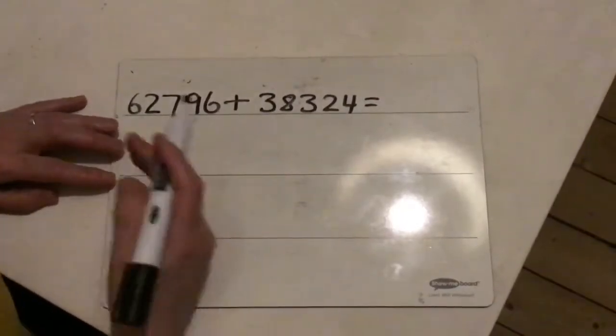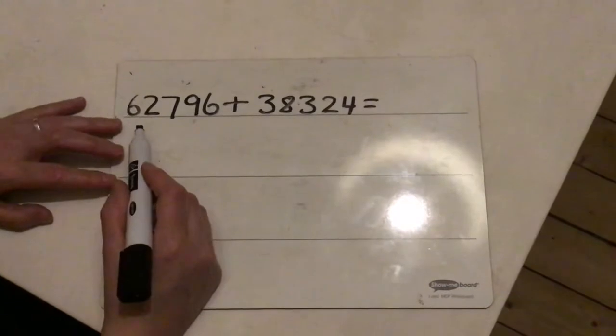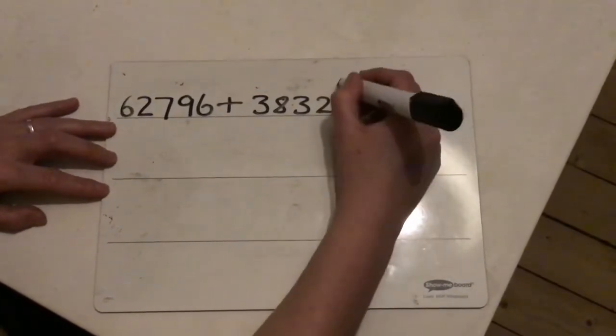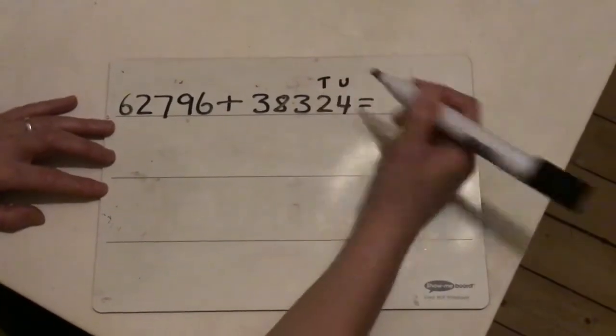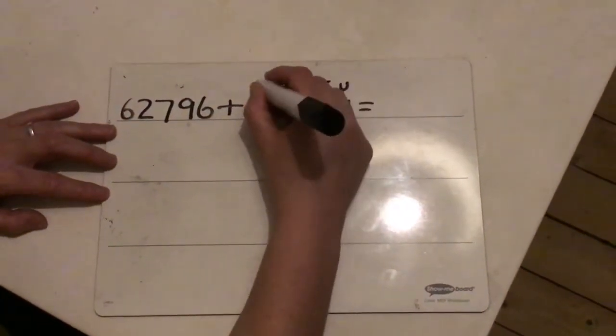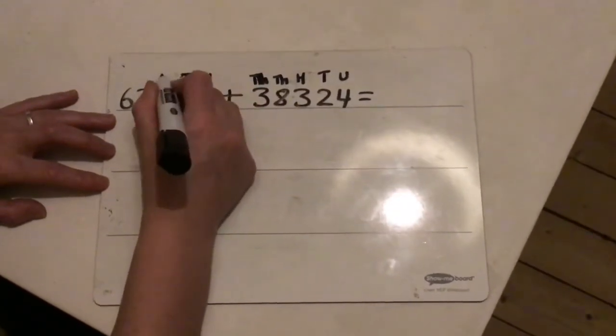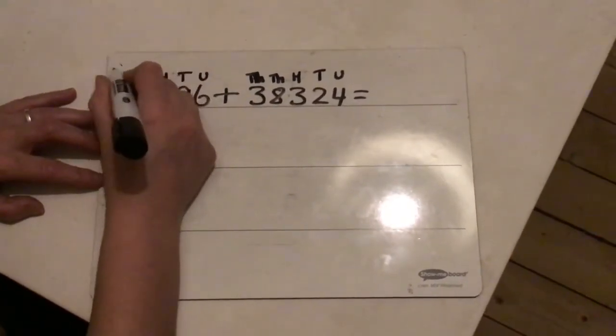Okay, so again, if we're doing that 5-digit adding sum when we're partitioning, just make sure you split up your place value. Okay, units, tens, hundreds, thousands, and tens of thousands.